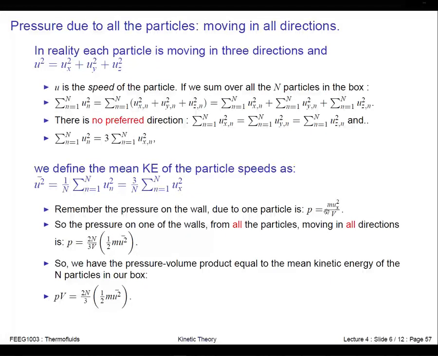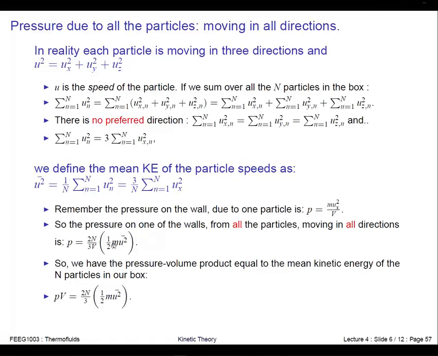And then if we wanted to say, well, I'm interested in all of the particles moving in all of the directions, I can take this equation here, and I can say, well, the sum of the squares of the velocities in the x direction is actually equal to N times u squared bar divided by 3. So I end up with something that looks a bit like this.